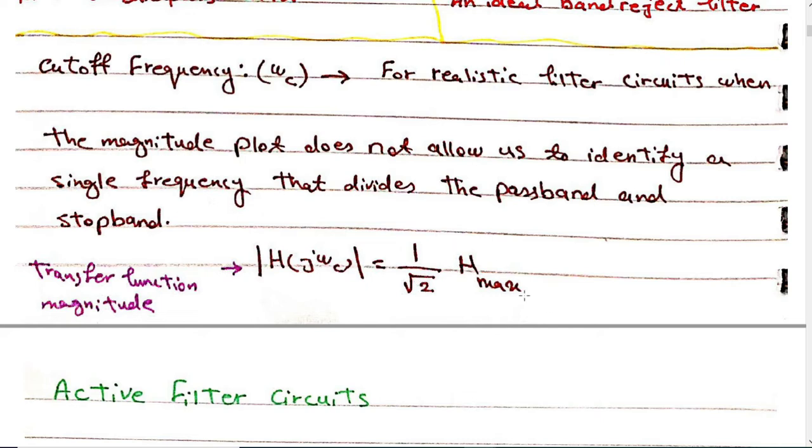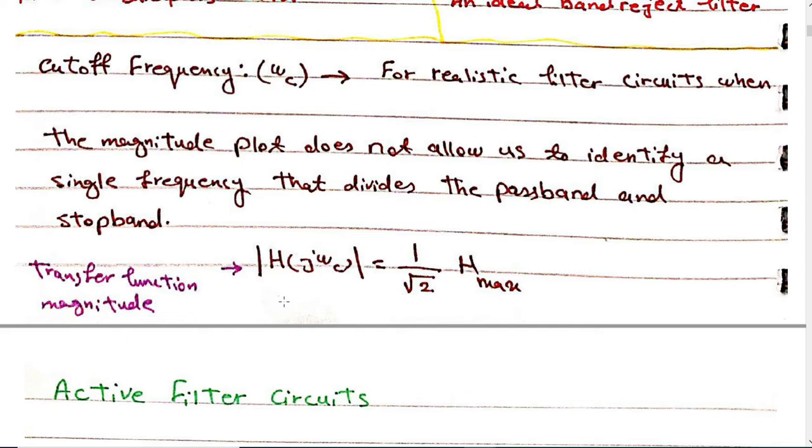What is H max? The maximum value of the transfer function. So first of all, you have to find the transfer function. Once you have it, find its maximum value, which is H max. If you multiply it by 1 over square root of 2, you will get the magnitude of the transfer function at the cutoff frequency. Any question?